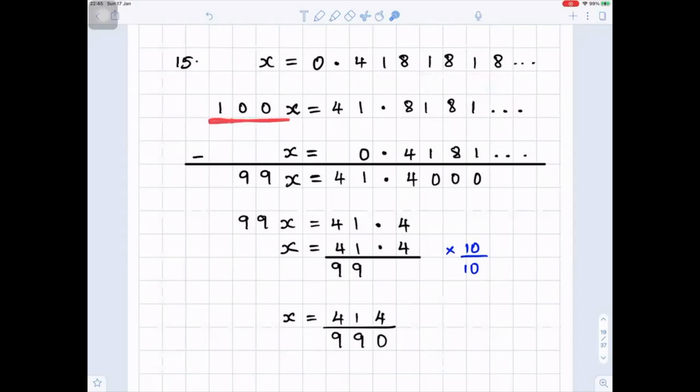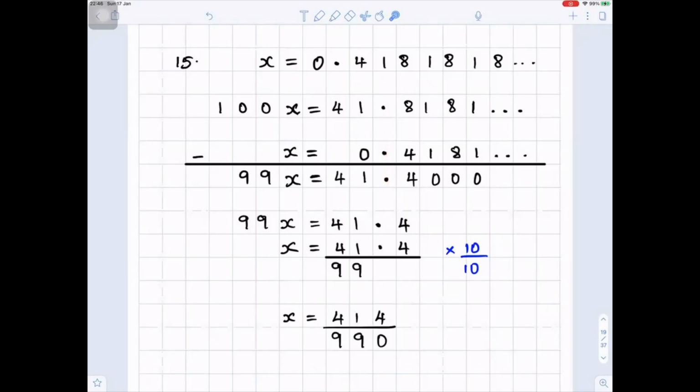If we multiply by 100, 100x becomes equal to 41.8181 recurring, as you move it 2 decimal places. So if we write x is 0.41818 recurring, and we subtract these two: 1 minus 1 is 0, 8 minus 8 is 0, 1 minus 1 is 0, 8 minus 4 is 4, and the decimal point stays where it is.